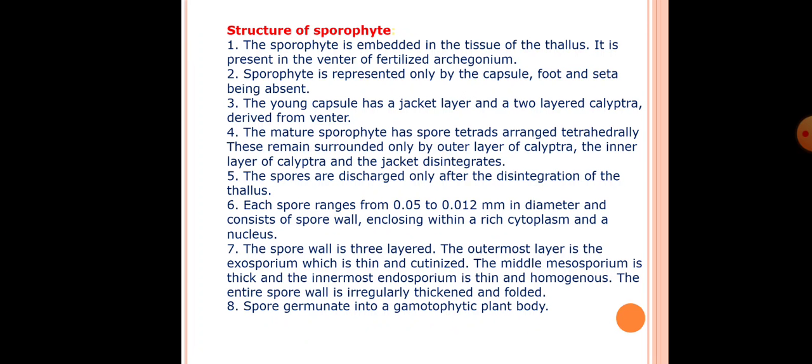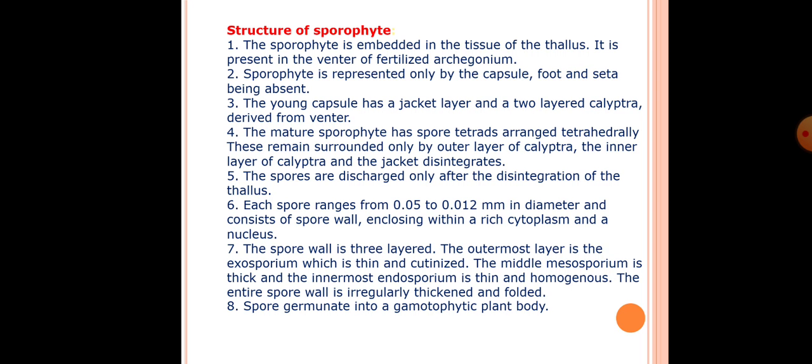The sporophyte is embedded in the tissue of the thallus. It is present in the ventral region of the fertilized archegonium. Sporophyte is represented only by the capsule, foot and seta are absent. Young capsule has a jacket layer and 2 layered calyptra derived from the venter.